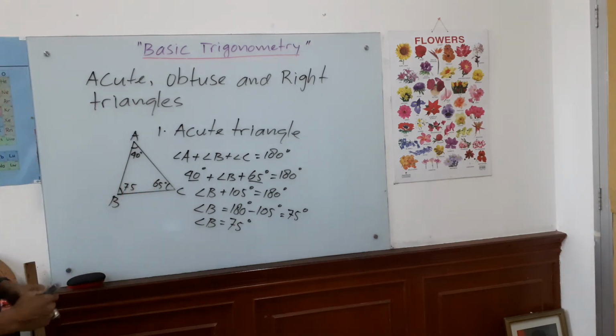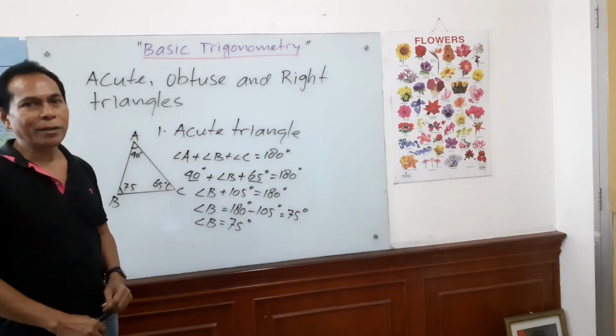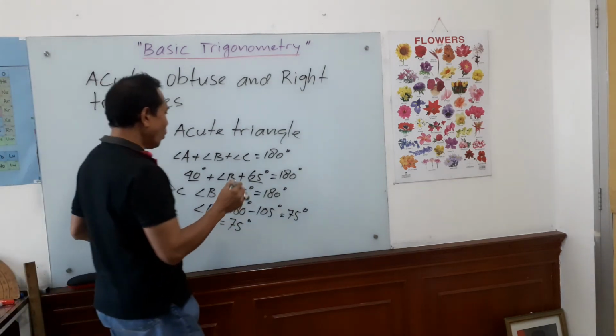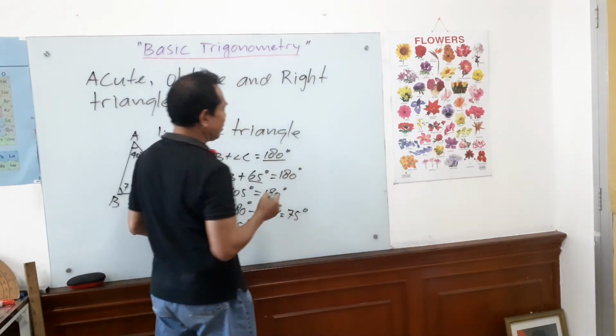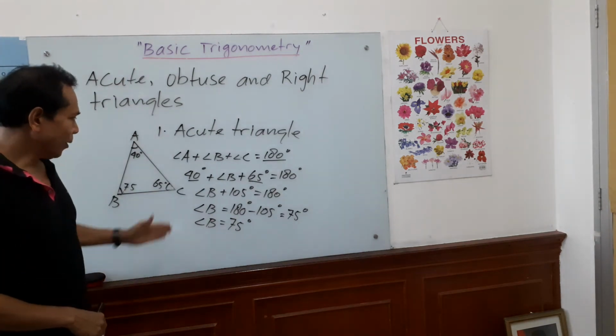All right. Now, you use this formula to find all the angles inside the triangle, okay, like this. Only remember that all the angles inside the triangle, you add them together should be 180, okay? All right, I hope you understand this.